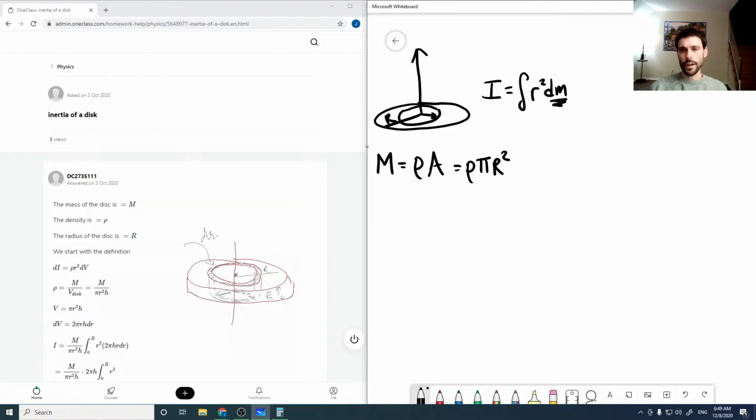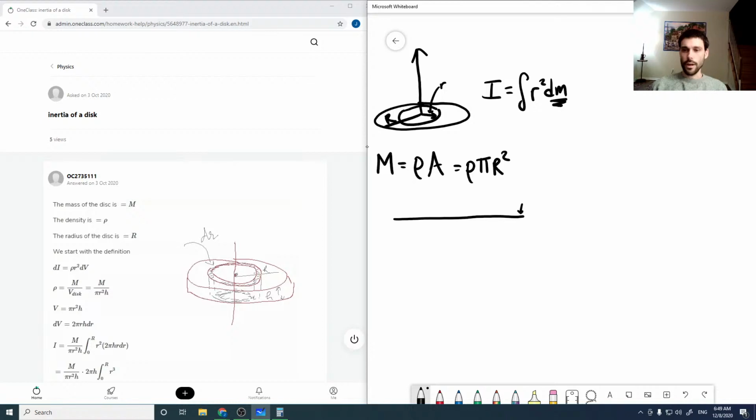Then we can identify a small mass term at some radius r, having some thickness dr, and we can visualize this by extending out. So essentially taking this circle, pulling it out, and then cutting it and laying it flat.